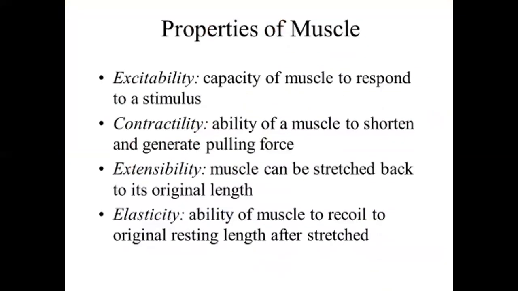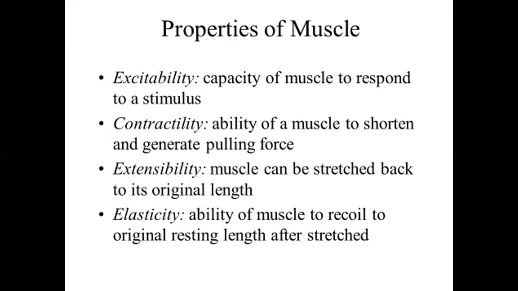Now the general properties of muscles. There are four major properties of the muscle, and any muscle will have these properties. The first one is excitability. That's why we call it excitable tissue, because muscle cells can get excited with electricity, which are called nerve impulses or action potentials, propagated to the muscle cell.